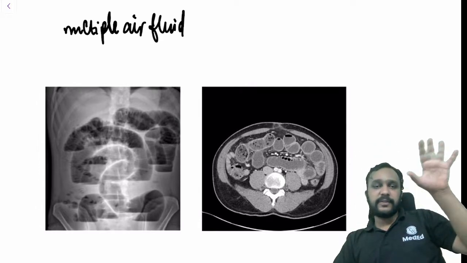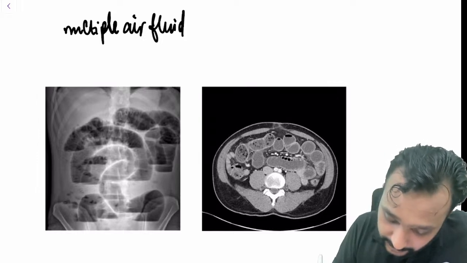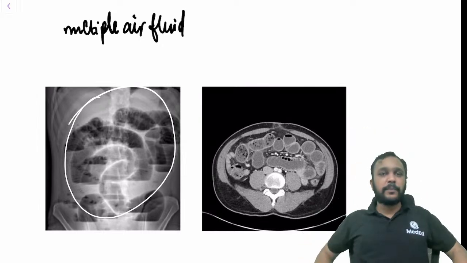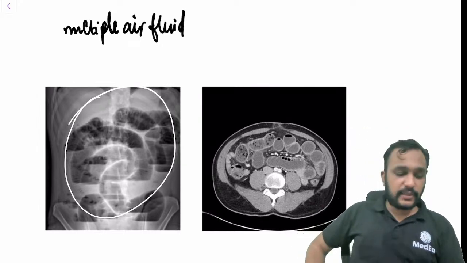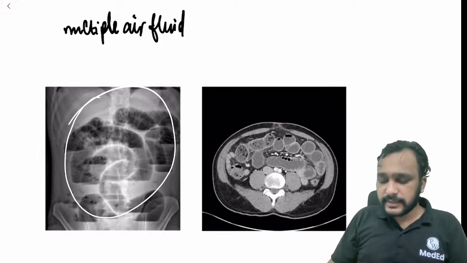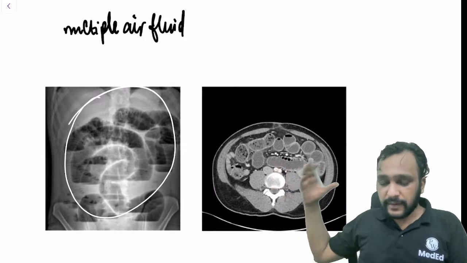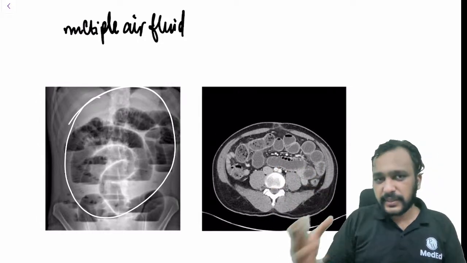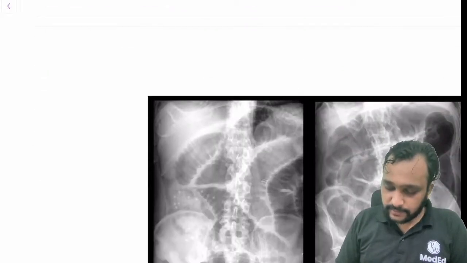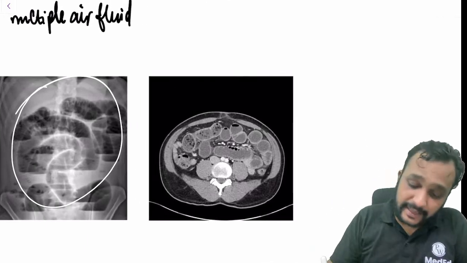Just remember, if dilated bowel loops are present within the central part of the abdominal X-ray, you are going to think of small intestinal obstruction. And if these dilated loops are present in the periphery of the abdomen, you are going to think of large bowel obstruction, right?